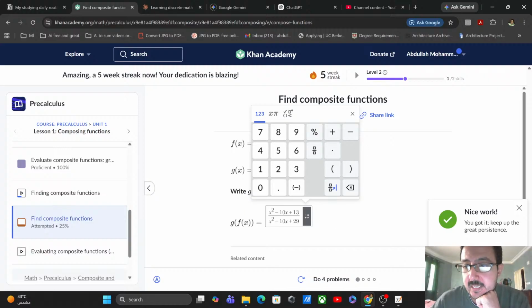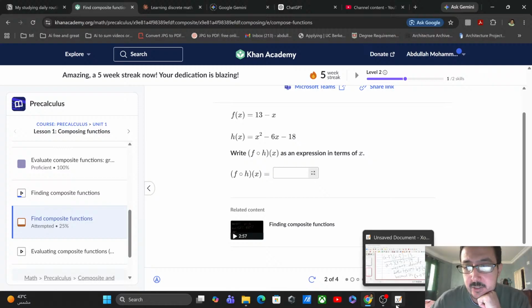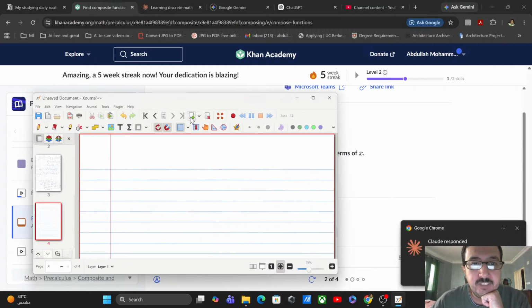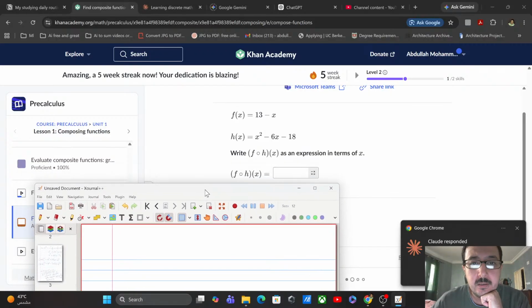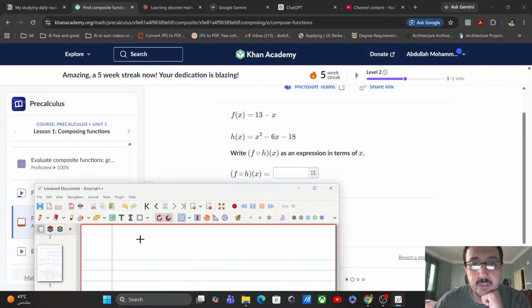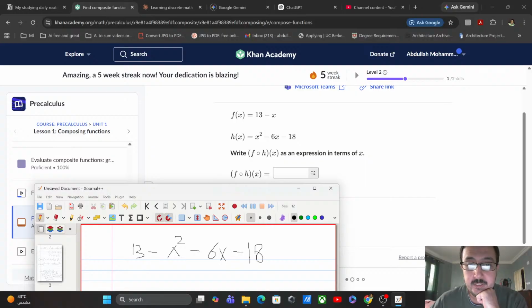Okay, next question. Okay, this should be easy now. Shut up, baby. F of h of x, so I get h of x, I get, oh my god, 13 minus x squared, 6x minus 18, got 13 and minus 18, that's minus 5, sorry, so it's x squared, 6x minus 5.